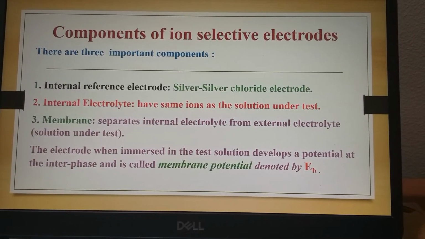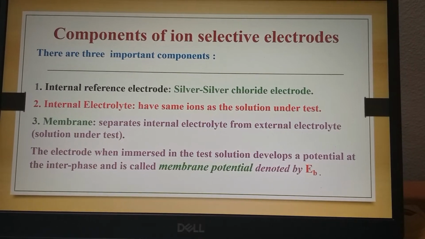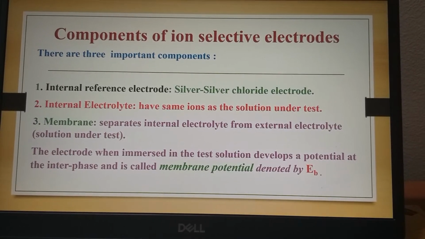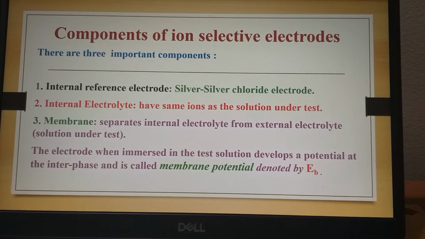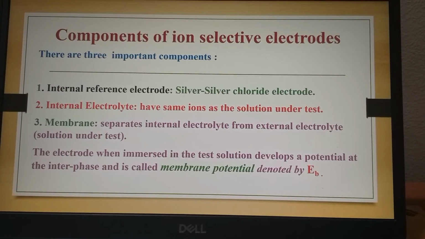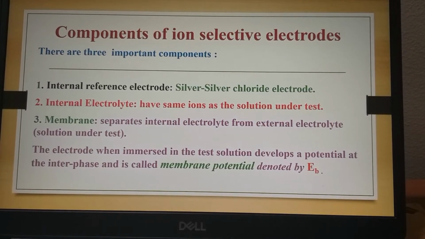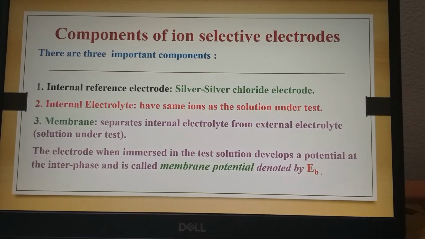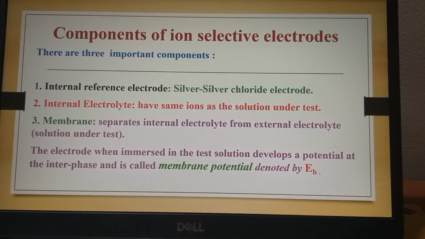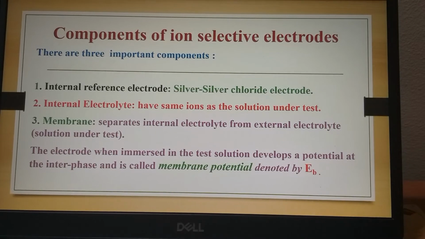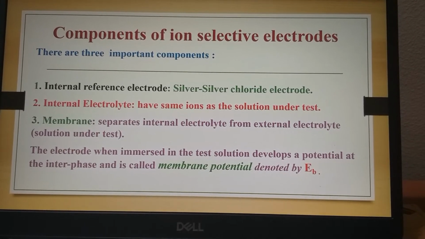Commonly, a silver chloride electrode is used as the internal reference electrode in any ion selective electrode. We have already discussed the silver chloride electrode in one of my previous lectures, so please refer to that for the construction and working of the silver chloride electrode.